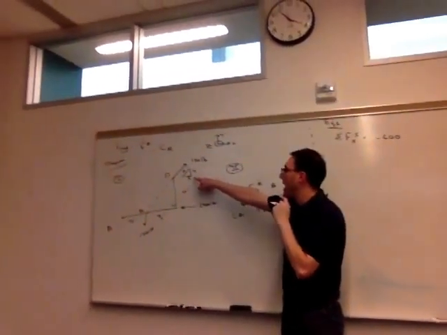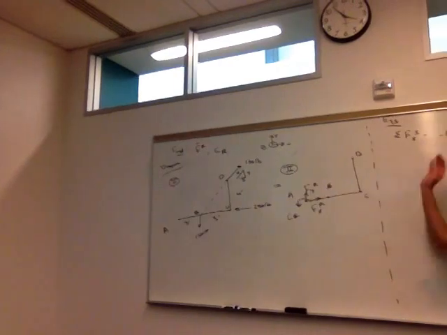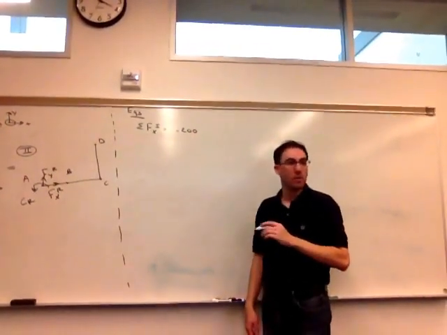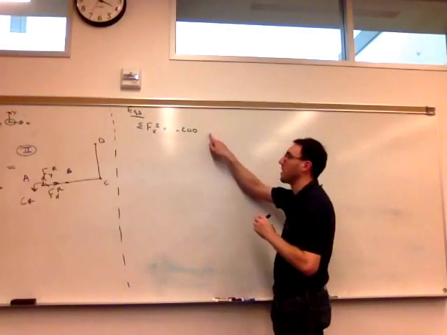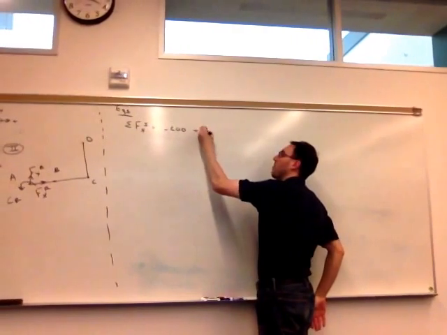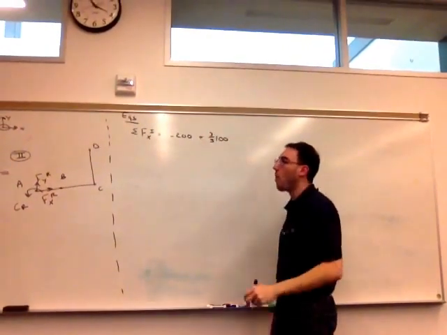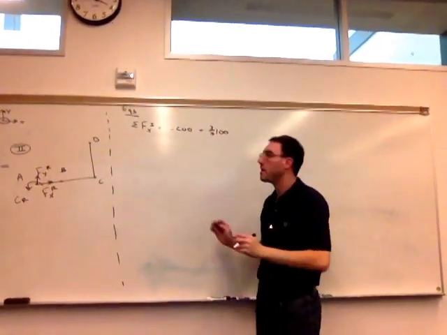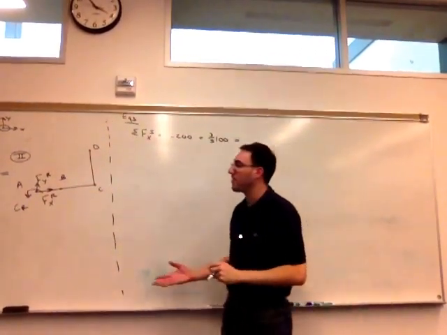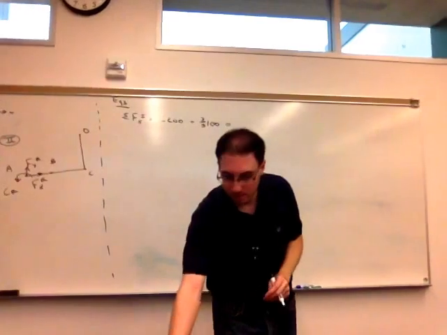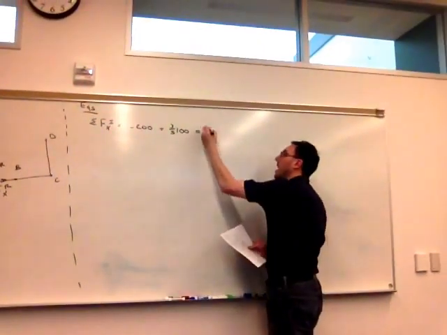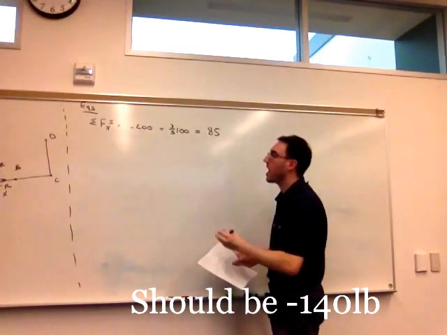I have the ratio triangle here, so just for the sake of my notes, using the ratio triangle, what do I use for the second part here? Right, so plus 3/5 of 100. Or if you want to find that angle and use the cosine, you can do that too. This is usually easier. And the 150 does not contribute in the x direction. So we add that together, and we get something that's not 0. It's negative 140 pounds.